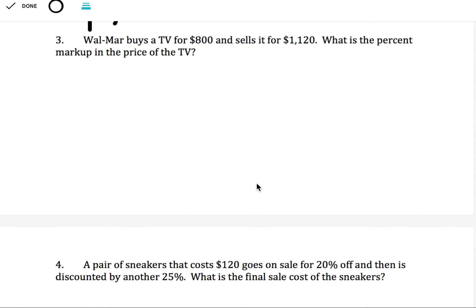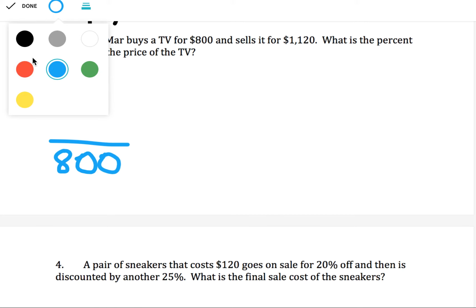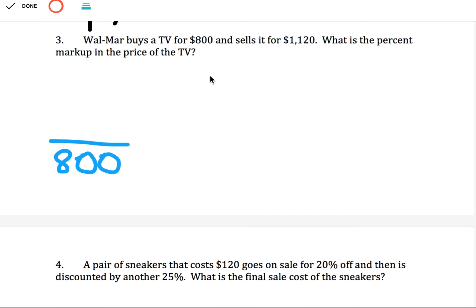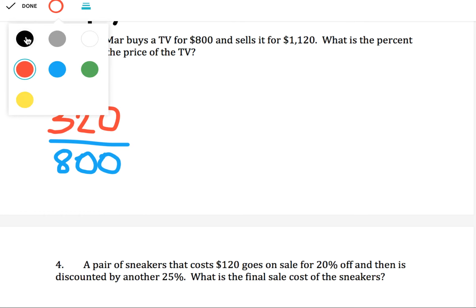Number 3, Walmart buys a TV for $800. So that's the original price of the TV. And sells it for $1,120. So that means it's gone up $320. What is the percent markup?